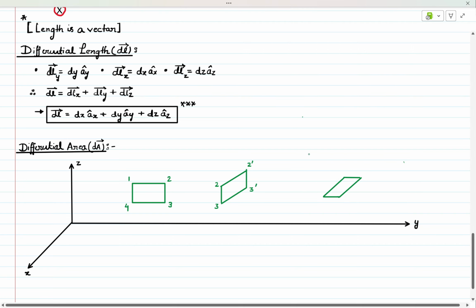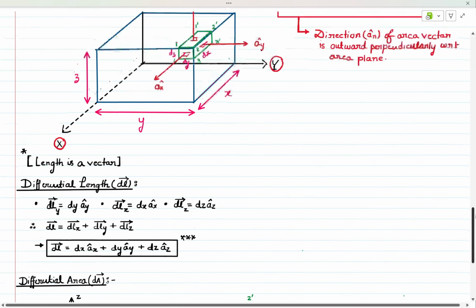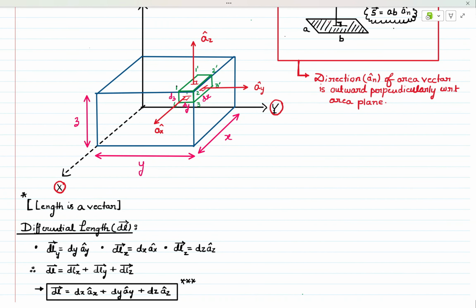This was another area that I can see over here. That is 1, 2, 1 dash and 2 dash. Okay. So these are the three areas that are exposed for this small differential block. Though this small differential block has another three surface areas in the opposite direction, which are not exposed basically. I am talking about the exposed areas only right now.